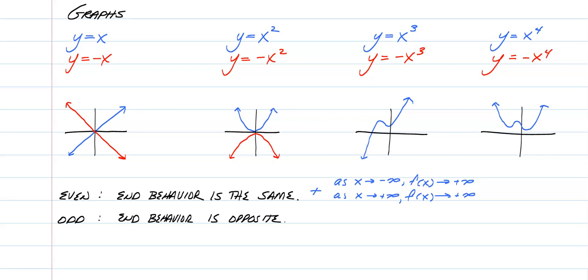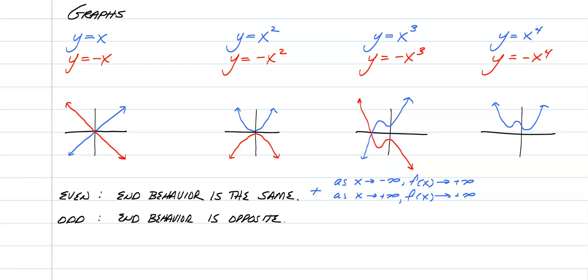Now, when it comes to odd, let's look at this one again. If we were to reflect this over the x-axis, it would look a little something like this instead. So it'll start high and finish low if it's negative. Positive is going to start low and finish high.